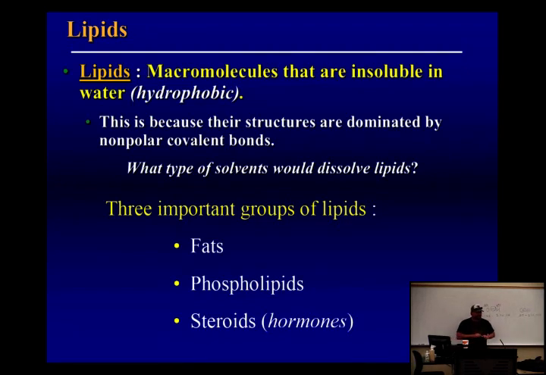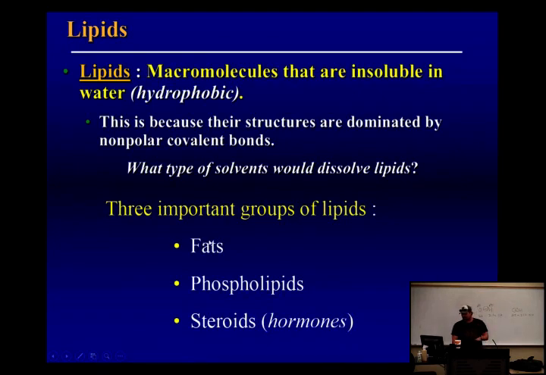Why? Because it has a phosphate group on it, and therefore it's negatively charged. So water can surround it because water can surround anything that has a charge on it. Good. So what these all have in common is they're not water soluble because they're made of carbons and hydrogens. They don't have a charge, they're all nonpolar, and they can't be dissolved.